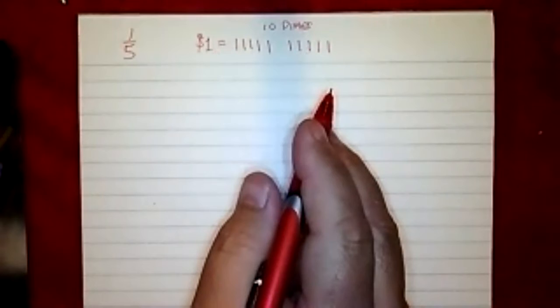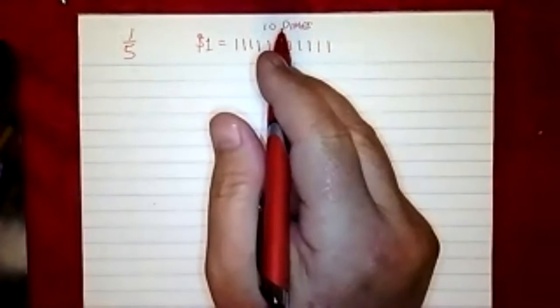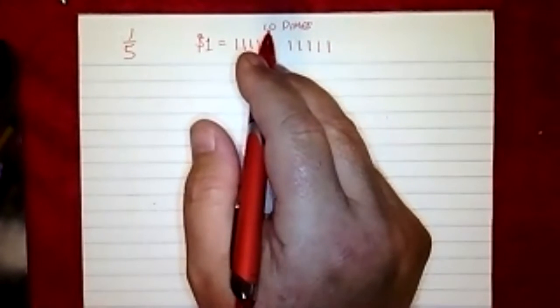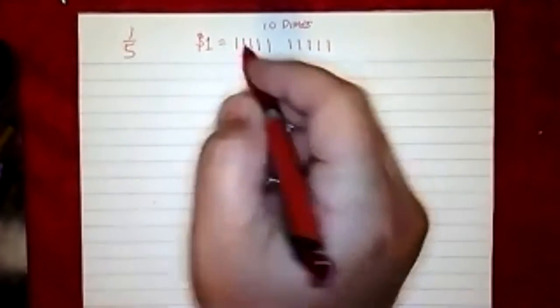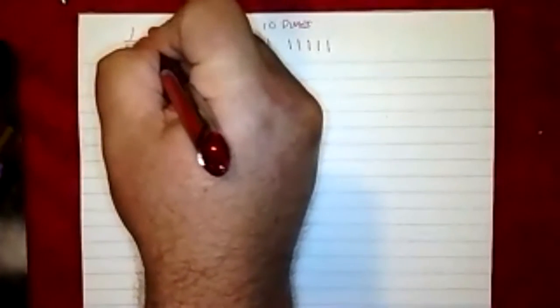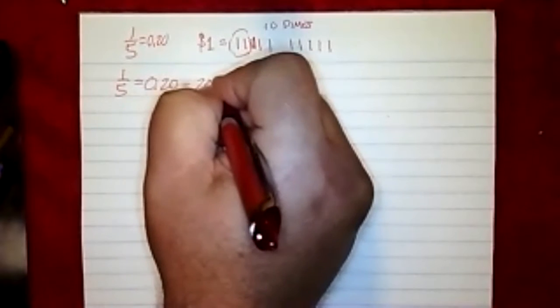So that's actually 10 dimes. And 1/5 would be 1/5 as many dimes. So if I divide 10 dimes by 5, 10 divided by 5 is just 2. So in fact, 2 dimes make up 1/5. So that automatically tells me it's 0.20 or 20%. So we start off with 1/5, and we've got 0.20, which is 20%.